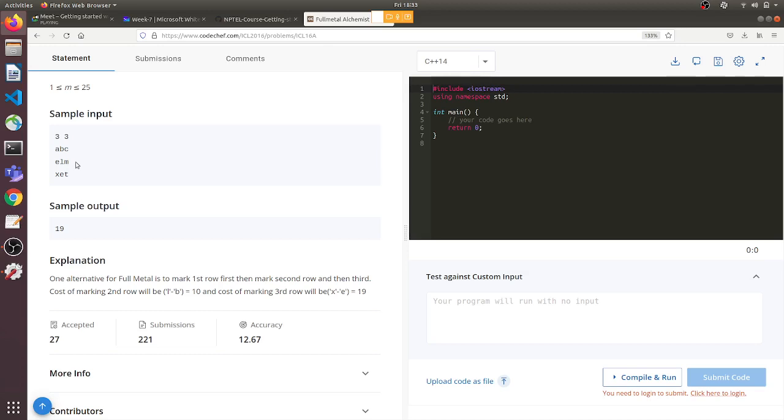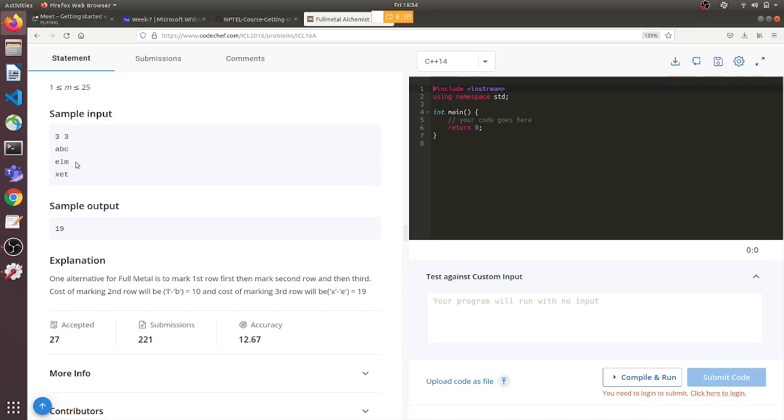Yeah. So the largest absolute difference between the elements would be the cost of the edge between these two rows, right? So let's say first row and second row. The cost would be the maximum of the absolute difference between A and E, B and L, C and M. So the maximum would be between B and L, I guess.